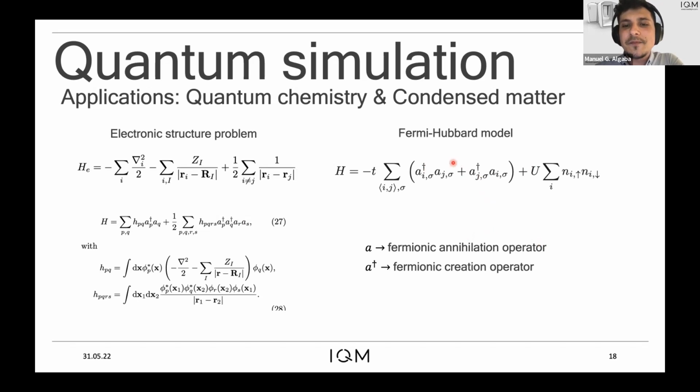But the point here is that you will have to use these fermionic annihilation and creation operators, and you cannot find these easily on a quantum computer, because on a quantum computer you will usually have something like Pauli matrices and CNOTs and things like that. So you have to use these famous fermion-to-qubit mappings, such as the Jordan-Wigner transformation, in which you map the statistics of your fermions, or the anti-commutation relations that these operators have, to the operators you have in your quantum computer.